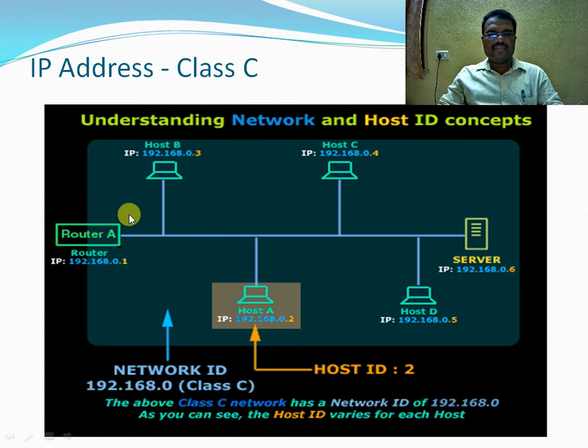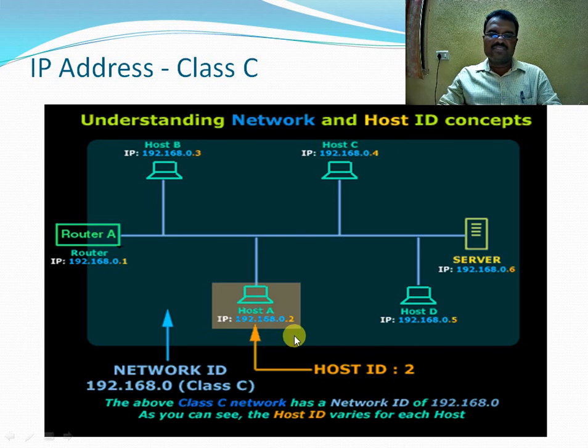Another example we can see here: there is a router with 192.168.0.1, a server 192.168.0.6, and the remaining hosts are identified with 192.168.0.3, and here 0.4, 0.2 and 0.5.